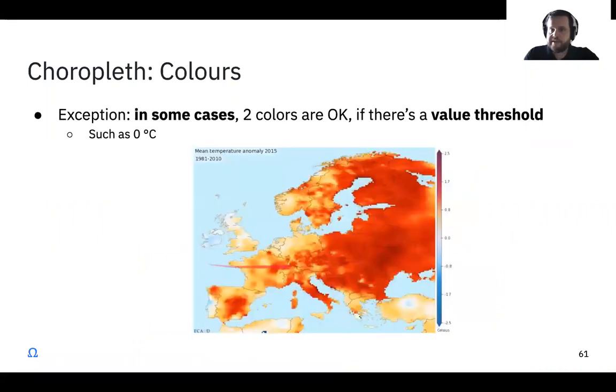We have also talked about the exception that I'm going to reiterate here as well. In some cases two colors are okay, if there's a clear, universally understood value threshold. If you're doing temperatures, then you can switch from red to blue at 0 degrees Celsius. That makes sense.